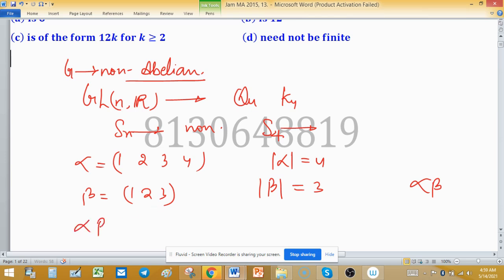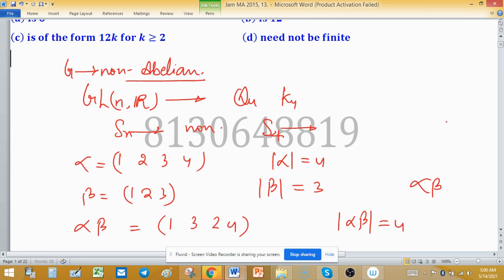So we have to find their product. The image of 1 is going to 2 and the image of 2 is going to 3, so 1 goes to 3, and 3 goes to 1, and 1 goes to 2, and the image of 2 goes to 3, and 3 goes to 4. So all elements 1 2 3 4 are used, and the order of alpha beta is 4 because this is a disjoint cycle.